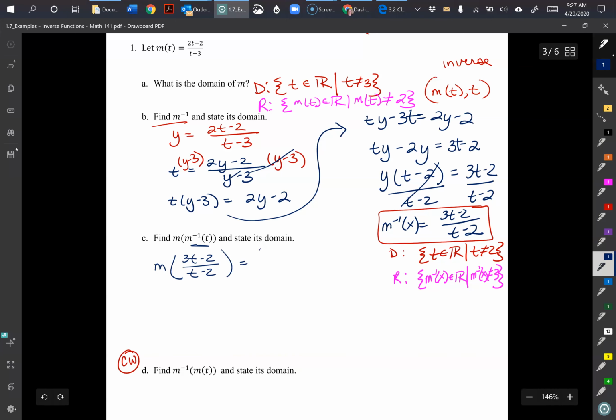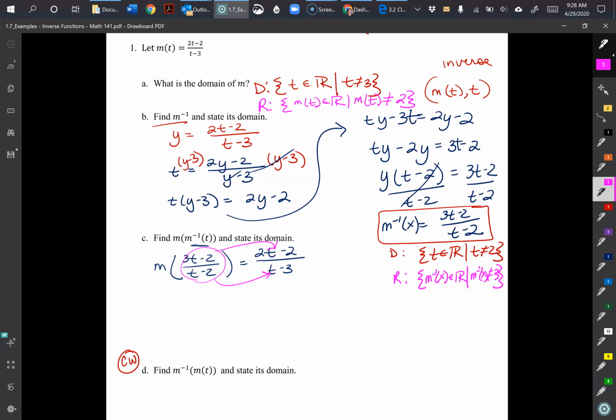And that's going to plug into my, I'm just rewriting it here, t minus 3, my m function. So everywhere I see t, I have to plug that in. So don't forget to do that. It gets a little tight in there. You know, people forget to do one or the other. It's real easy to do.